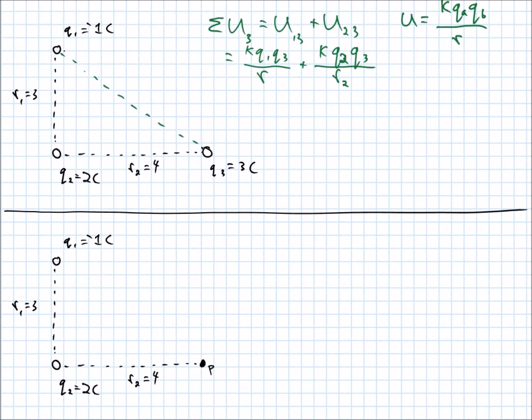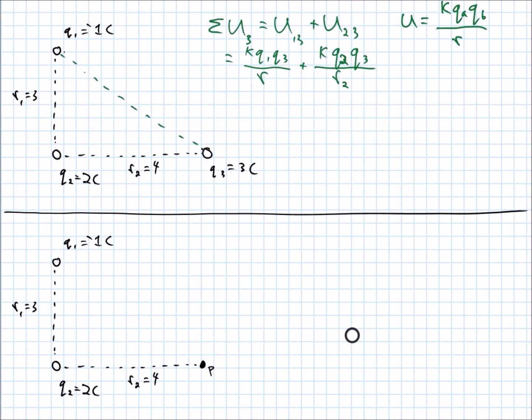We're not given that, but we should be able to figure it out. It looks like a right triangle to me. So using the Pythagorean theorem, this R is the square root of 3 squared plus 4 squared, which happens to be 5. We can plug all these numbers in and get the energy.